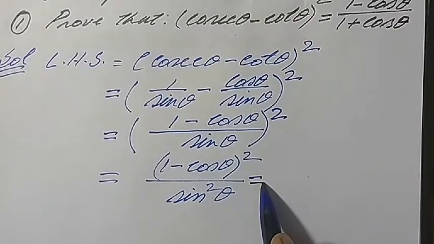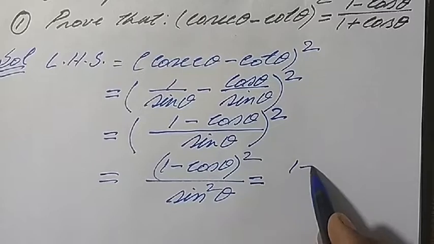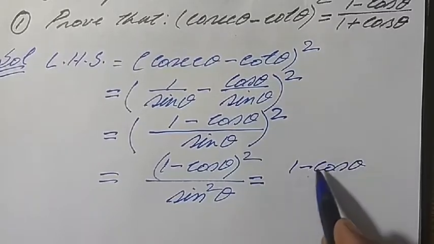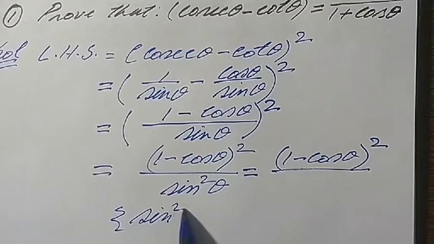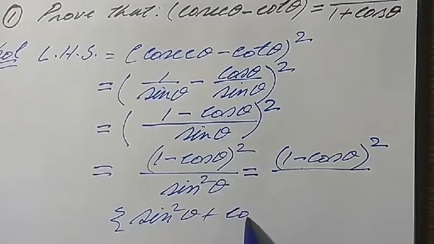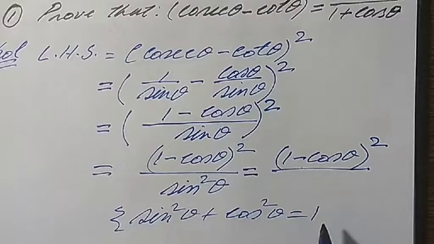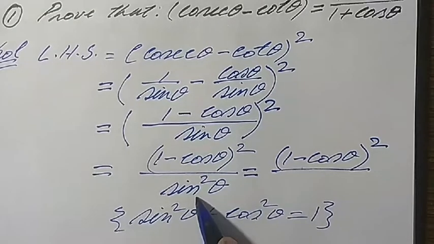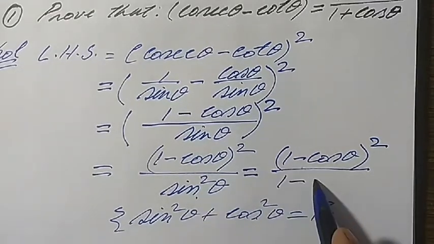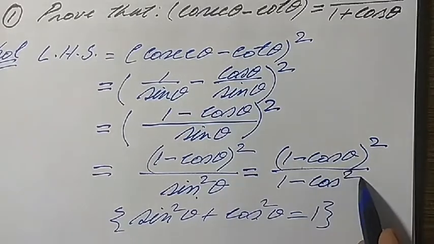Now it may be written as (1 minus cos theta) as it is, whole square. Sine square theta plus cos square theta is equal to 1. So if we transpose cos square theta to right hand side, we get sine square theta is equal to 1 minus cos square theta. So in place of sine square theta we write 1 minus cos square theta.